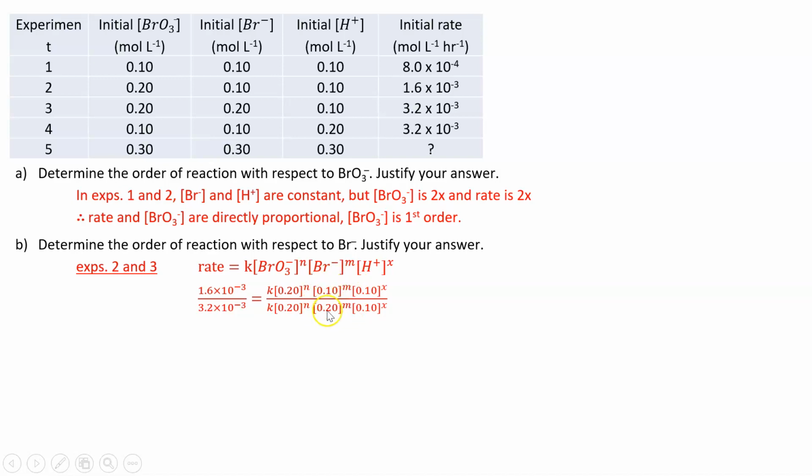But we can divide those and raise the answer to the M power. And of course we'll divide this. We end up with 0.50 equals 0.50 to the M power. Well, the only number that M could be to make this statement true is 1. So M equals 1. The reaction is first order for bromide.